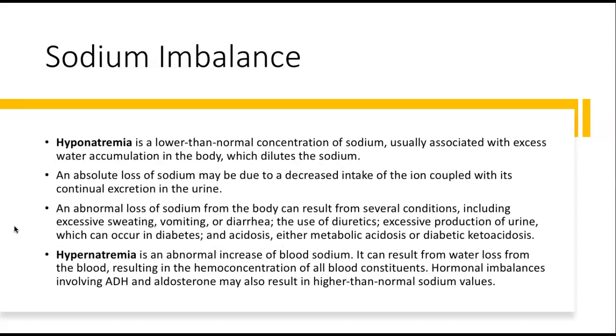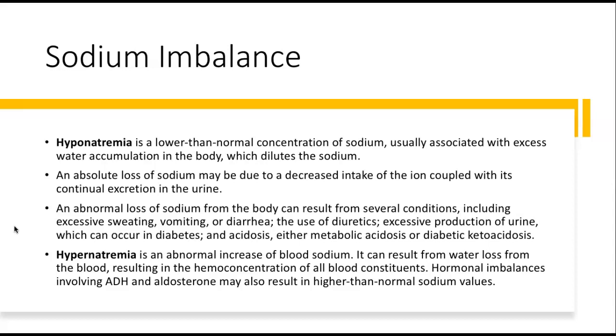If levels of sodium become imbalanced, there are two different ways, either too high or too low. Hyponatremia is a lower than normal concentration of sodium, usually associated with excess water accumulation in the body, which dilutes the sodium. An absolute loss of sodium would be due to a decreased intake of the ion in your food, coupled with its continual excretion in the urine.